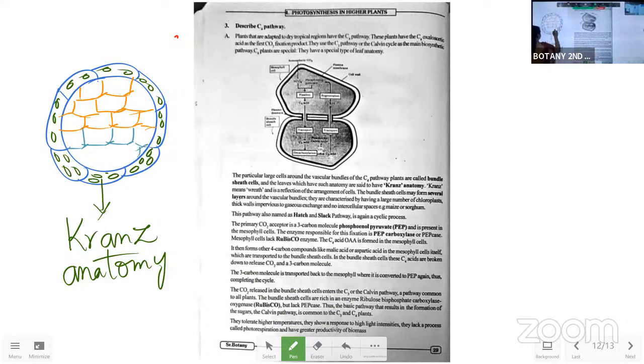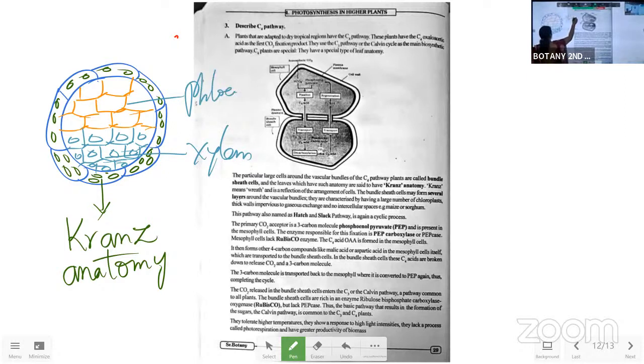This is the xylem. And this is phloem. These are bundle sheath cells.